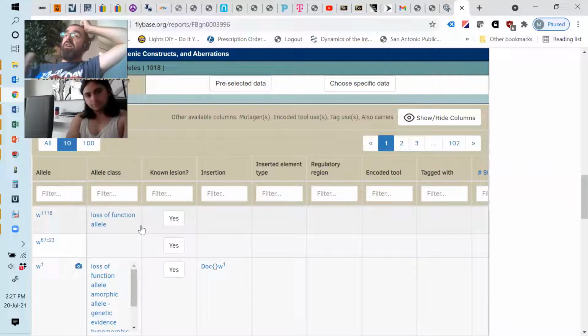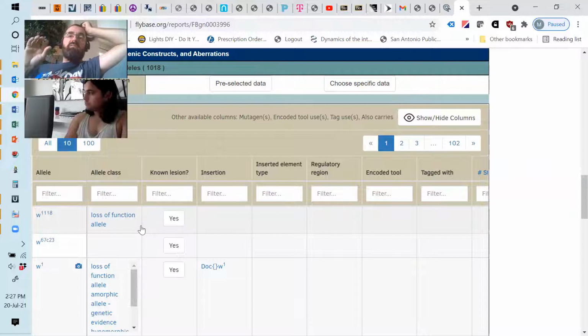So this might be a truncation. It might be from a nonsense mutation. It might be a frameshift mutation. It might be a splice acceptor site mutation. It could even be a single amino acid change, a missense mutation.